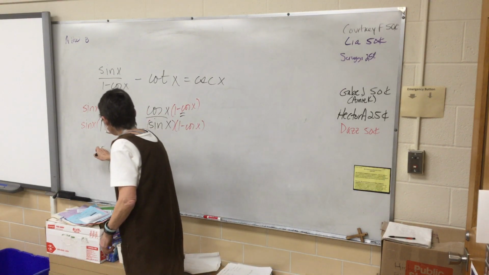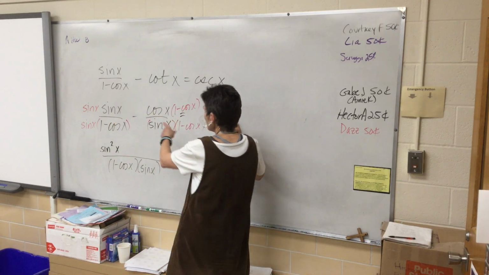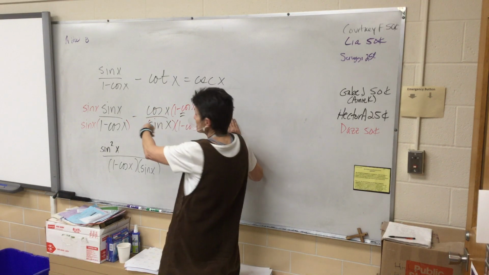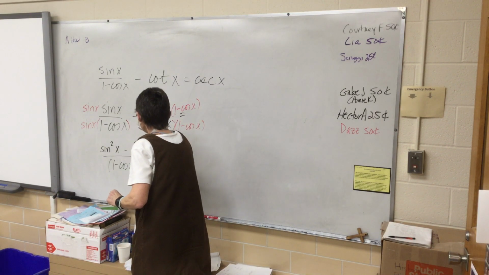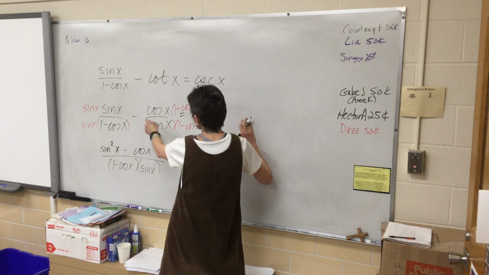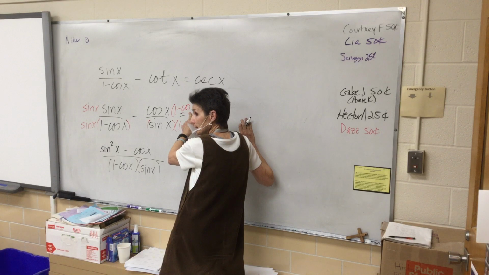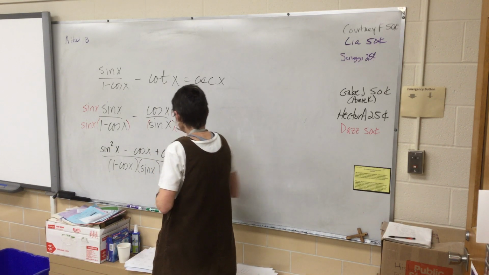Looks like I've got sine squared. Now be careful here because this is going to be a distribute, right? So it's going to be minus cosine times 1, so that's minus cosine. And then it's going to be minus cosine times minus cosine, which is plus cosine squared.